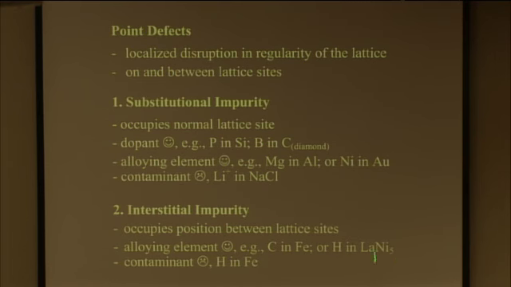Here's another example of a situation where an atom goes into a lattice and creates an interstitial impurity. Lanthanum nickel 5 is a prototype hydrogen storage material. It takes up a huge amount of hydrogen, a greater density of hydrogen than liquid hydrogen, actually.